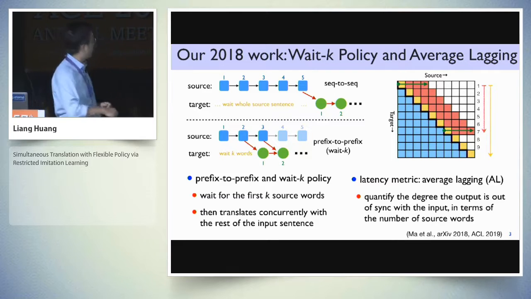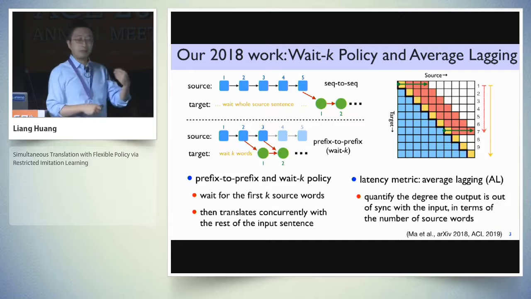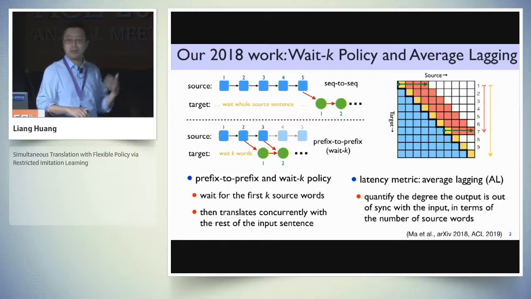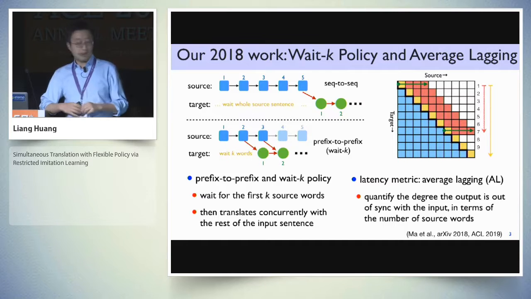We train our simultaneous system not using sequence-to-sequence, but using prefix-to-prefix, because the source side is available to us piece by piece, so we can only condition on the prefix. By training it that way, we can enable anticipation. But anticipation sometimes has errors, so that's why we want a flexible policy to avoid anticipation errors.